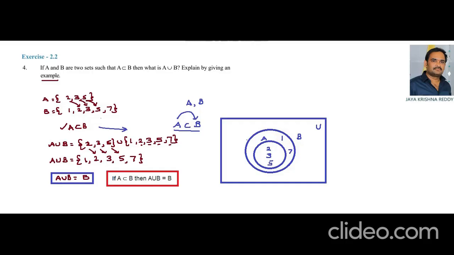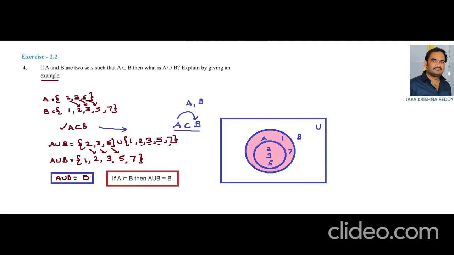So if you observe, set A has 2, 3, 5, and set B has 1, 7 along with 2, 3, 5. Now A union B means you have to shade the region which is the combination of these two circles, meaning the two sets.